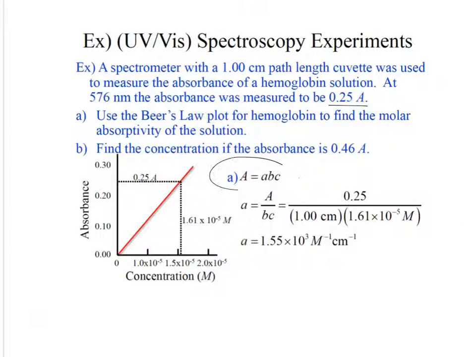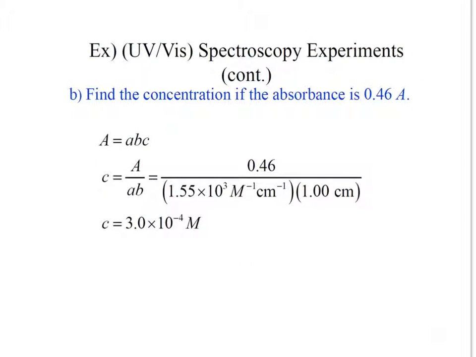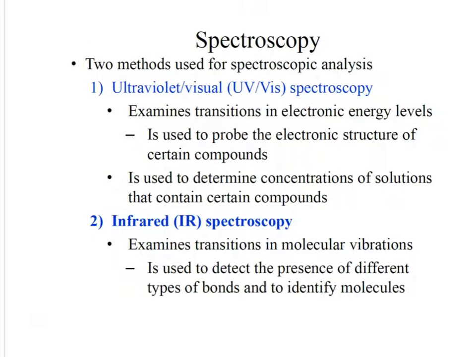So I'm going to use Beer's law, plug in my numbers, and my absorptivity is 1.55 times 10 to the third per molar concentration. B, find the concentration if the absorbance is 0.46. I just plug it into Beer's law, and my concentration is 3 times 10 to the negative 4.